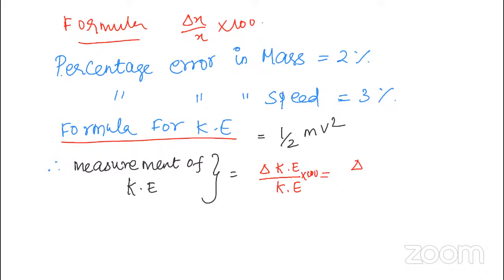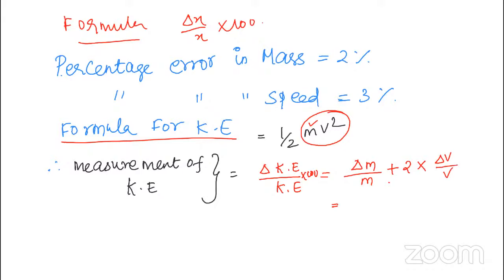And here also delta m divided by m, for it is mv square, no? Mv square, first thing we are taking m. So delta m divided by m plus 2 into v square, what will it convert to? 2 into delta v divided by v.